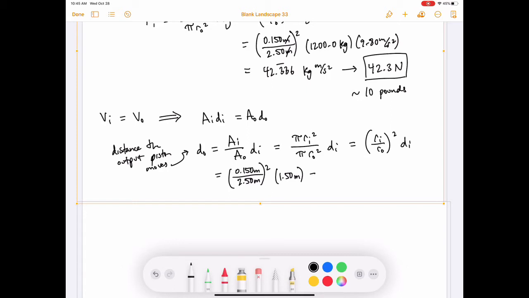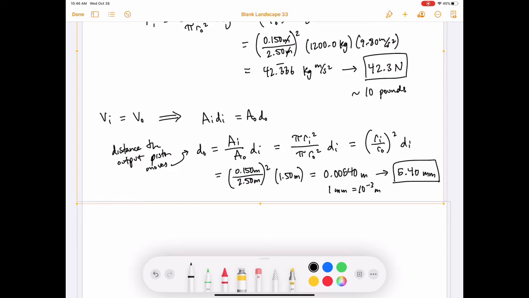So this works out to 0.00540 meters, which, if we convert this to millimeters, and 1 millimeter is 10 to the minus 3 meters, by the way, this is 5.40 millimeters. So the car is only being lifted up a tiny distance.